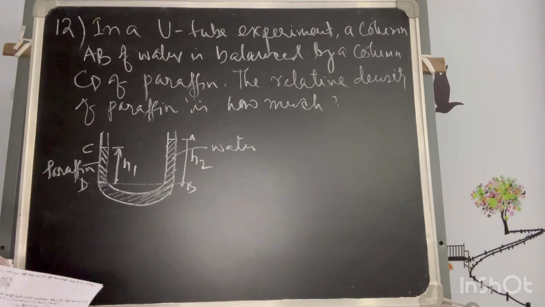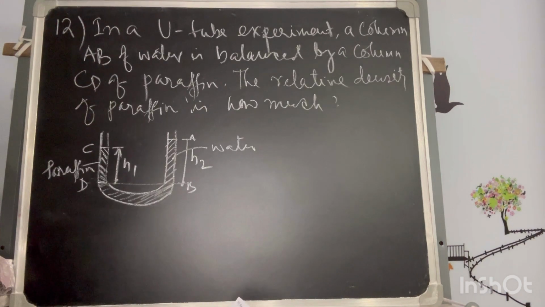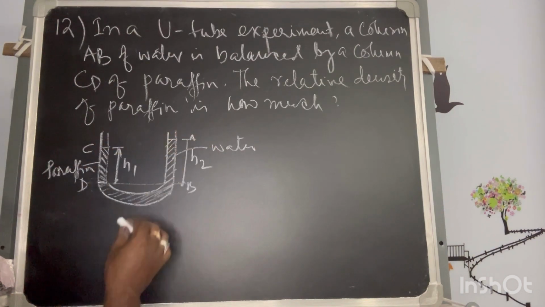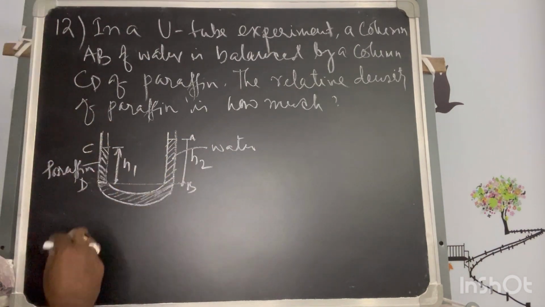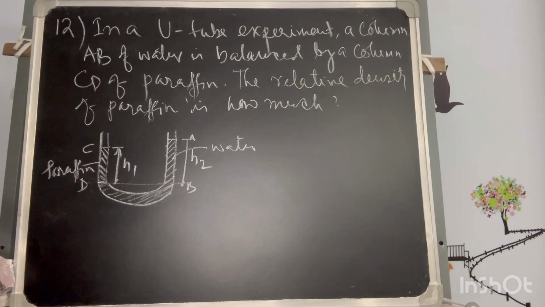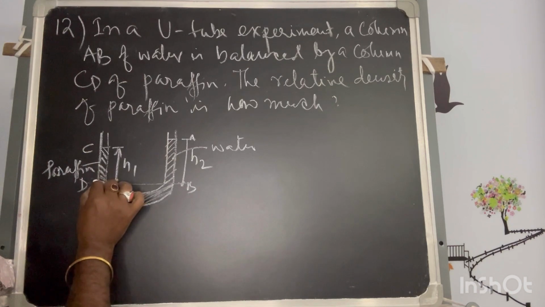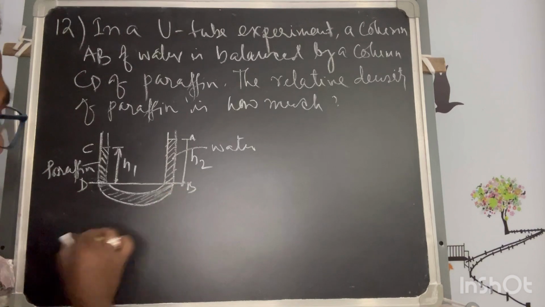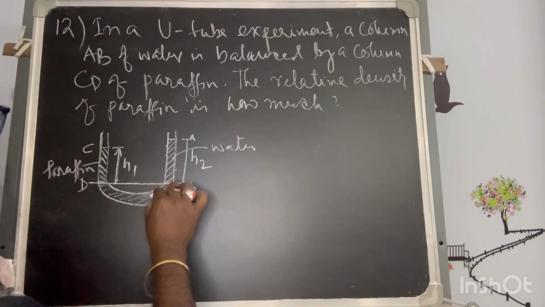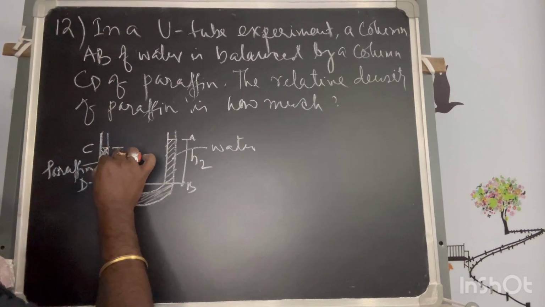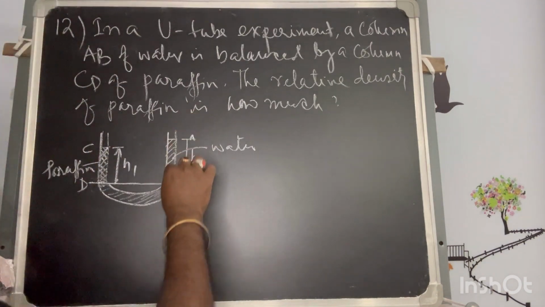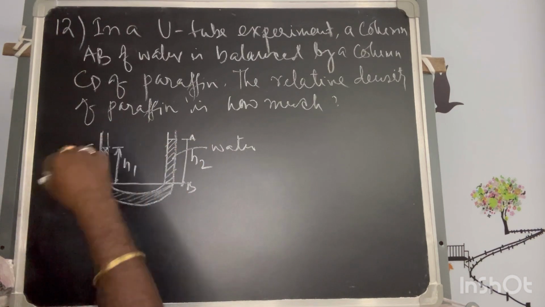In the drawing, the height of this is less than water. That means the paraffin density is more than water. So only this part is paraffin. This much of water column is balancing this much of paraffin.